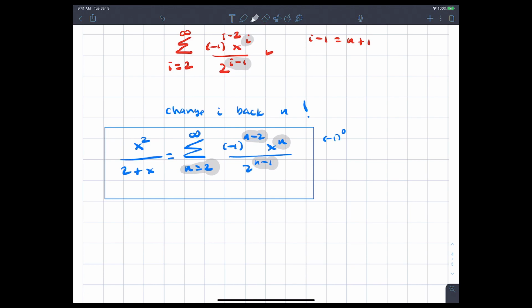Because I can say this. They'll replace this n minus 2 with an n because it differs by 2, and -1 to the second power is exactly the same as -1 to the 0 power. They're both +1.